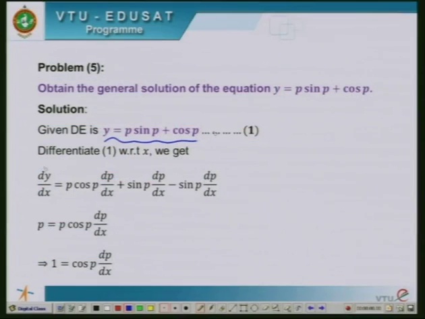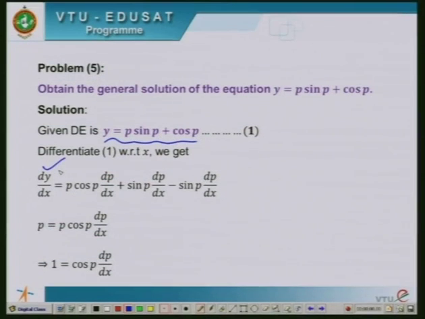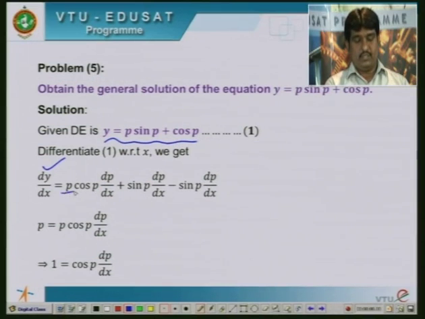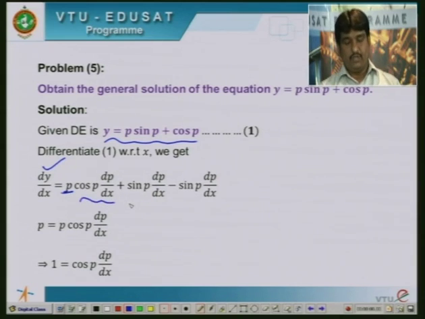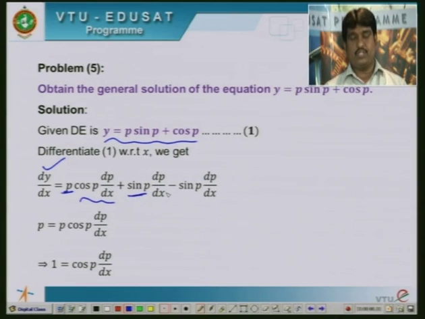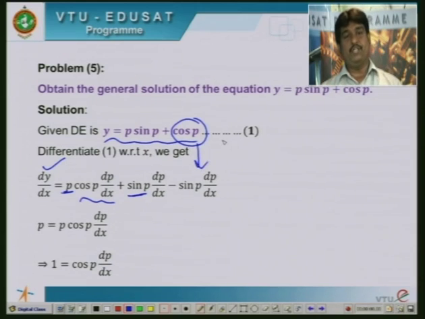Differentiate this equation with respect to x to get dy by dx equals, now product rule here, p as it is, derivative of sin p is cos p into dp by dx, plus sin p, second function as it is, derivative of first function is dp by dx, minus, which is the derivative of cos p. The derivative of cos p is minus sin p into dp by dx.